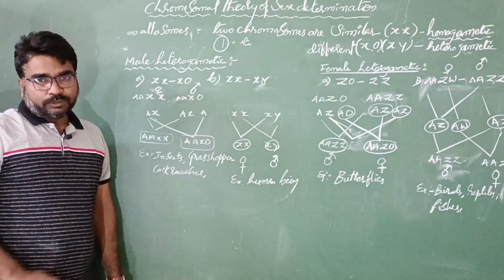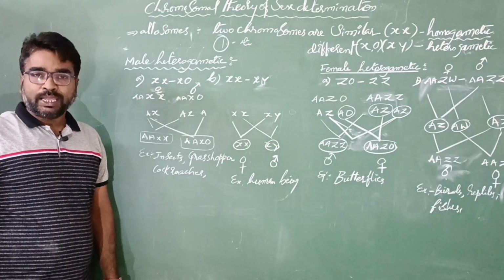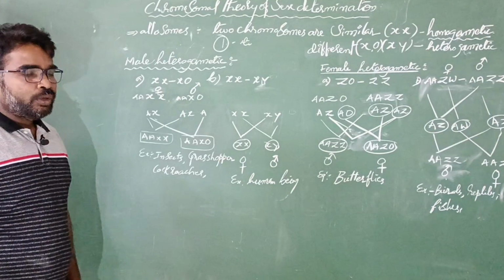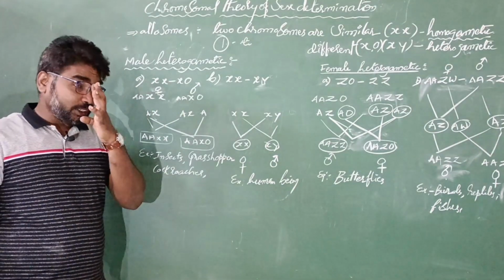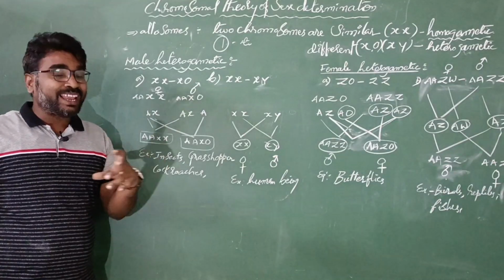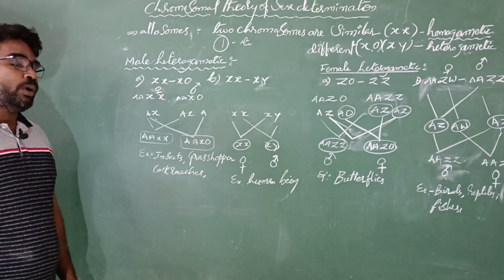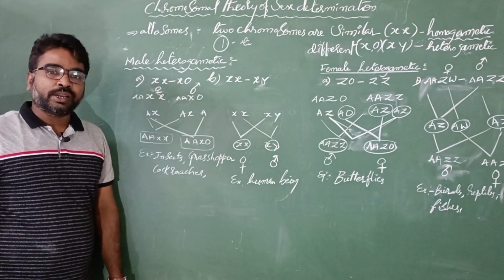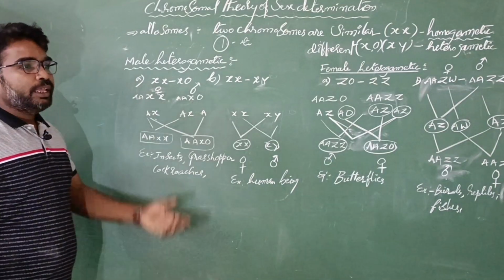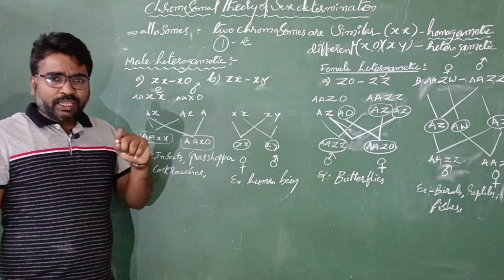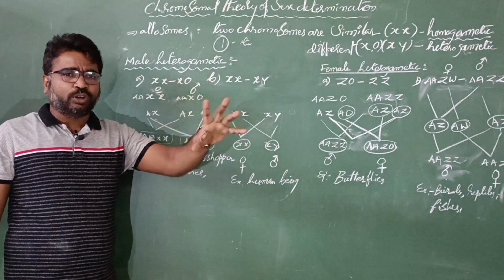In some organisms, males are homogametic, and in some organisms males are heterogametic, and in some organisms females are heterogametic. Look here once again: depending upon the heterogametes only, the sex may be determined.